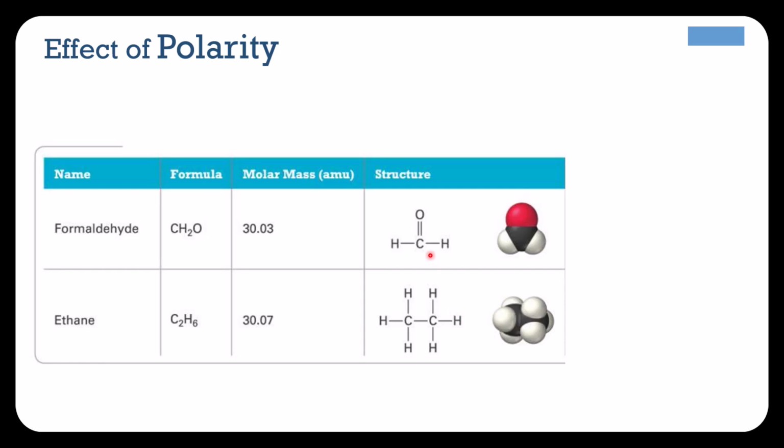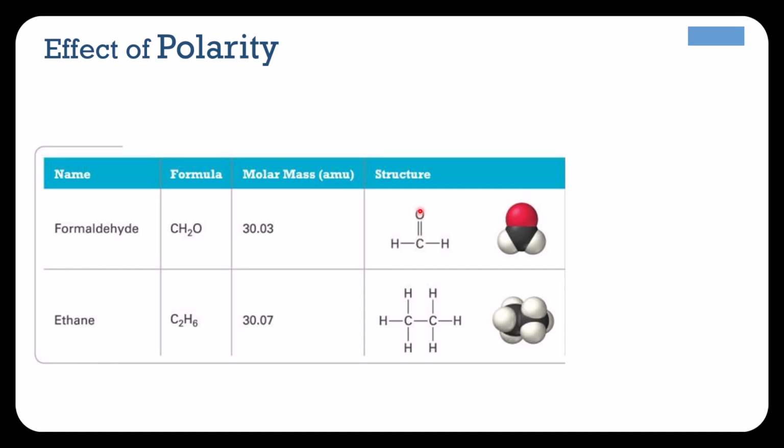Let's go up here to formaldehyde, okay? Here I see carbon-hydrogen, that's non-polar. Carbon-hydrogen, that's non-polar. But what about this carbon-oxygen bond here? If you go to your electronegativity chart, what you'll see is the carbon-oxygen bond is a polar bond.